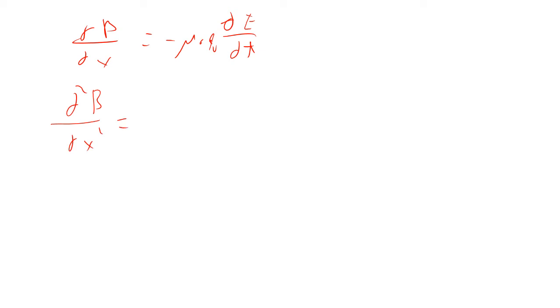So the other equation here, partial of B with respect to x equals minus mu naught epsilon naught partial of E with respect to time. Now do the same thing. Take the second derivative here. So take another derivative. Again, the order of the derivatives doesn't matter.